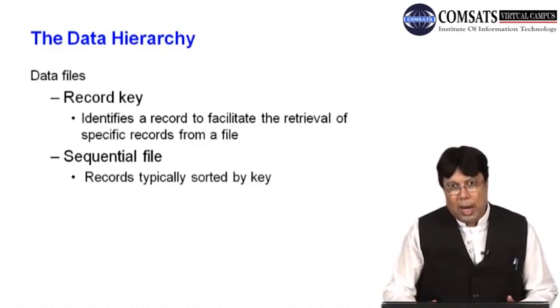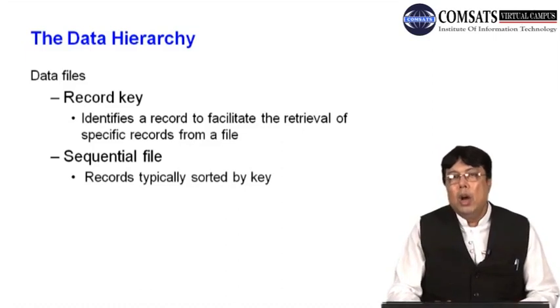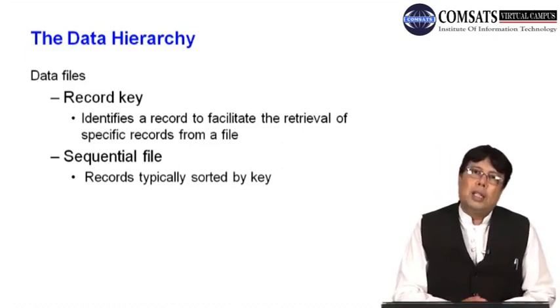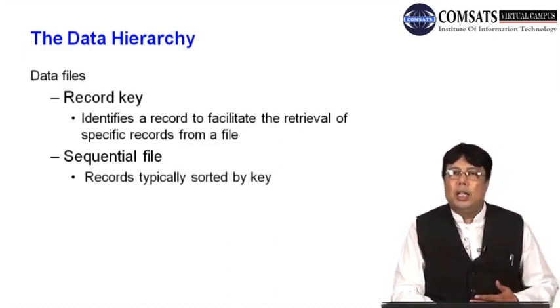Do we need to organize them in a form that they could be extracted randomly, or should we access the file sequentially? Sequentially means in a sequence. Sequence means one after the other.